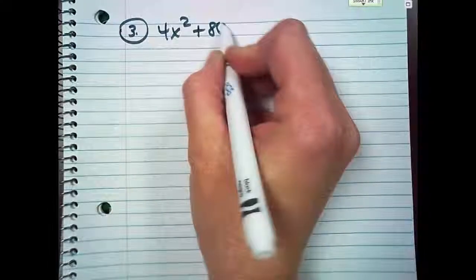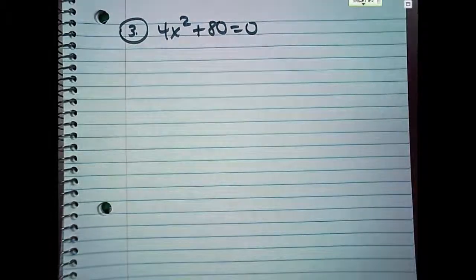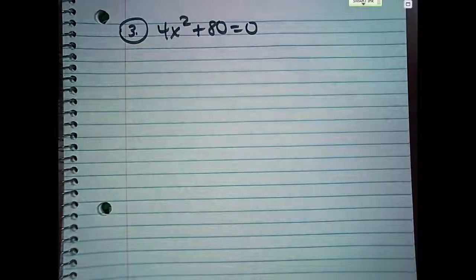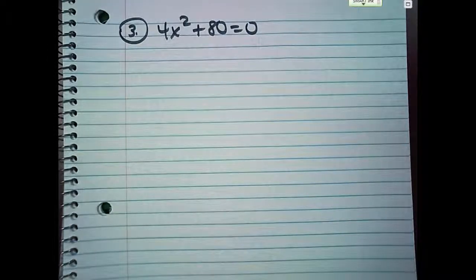Number 3. Four x squared plus 80 equals 0. Move your 80 over.